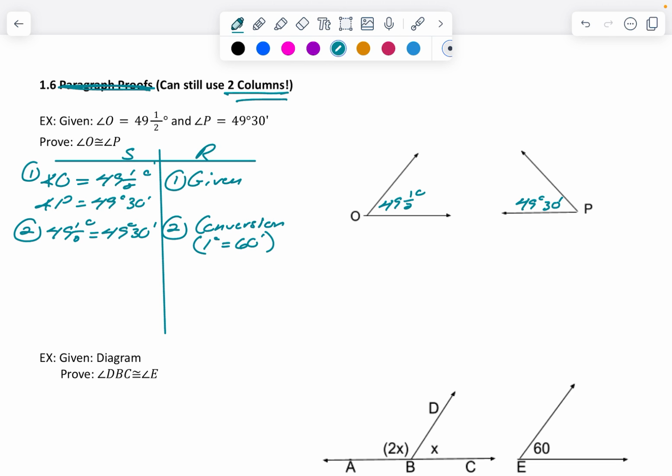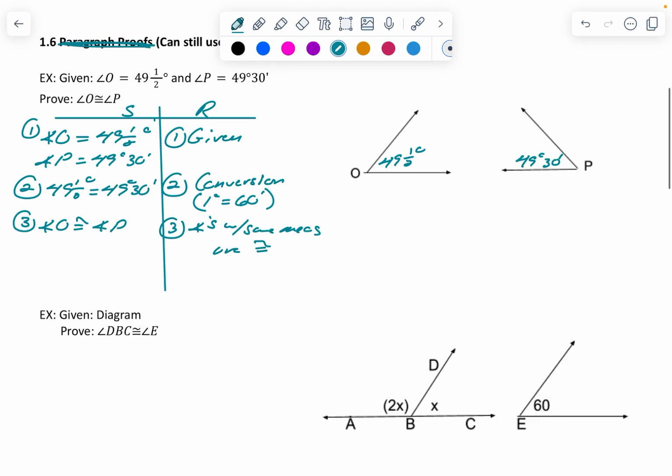So we just converted. And now that we said 49 and a half degrees is 49 degrees, 30 minutes, we can say angle O congruent to angle P, and that's because angles with the same measure are congruent. And there we go.